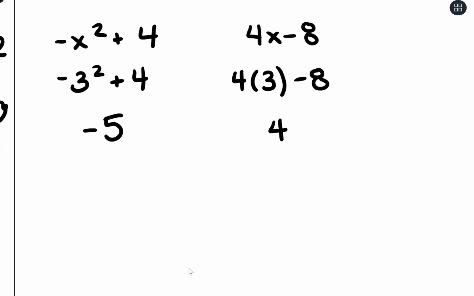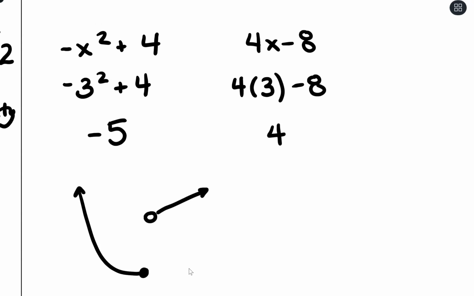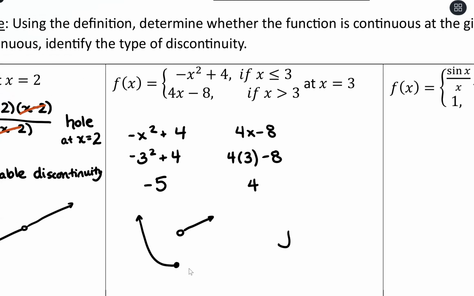So what that's telling me is part of my function is going down to a negative 5, so maybe something like this. And then up at positive 4, switching those around, that's defined there, and then jump, something like that.